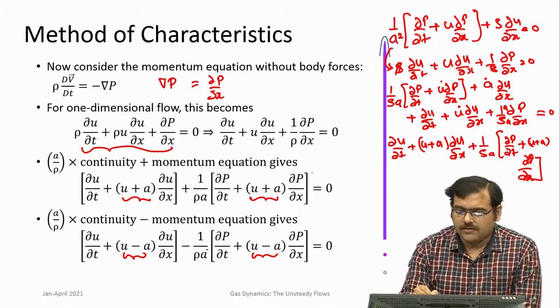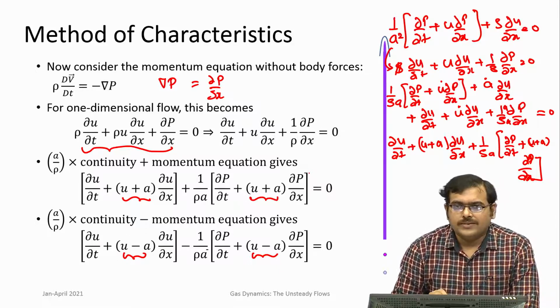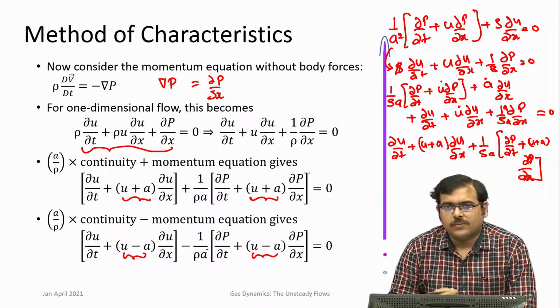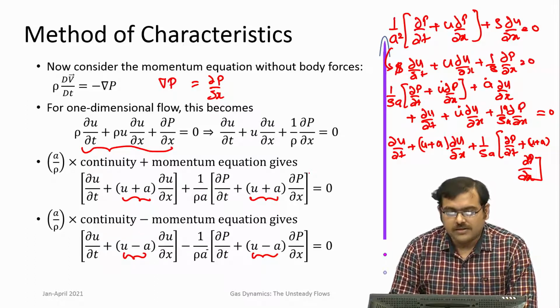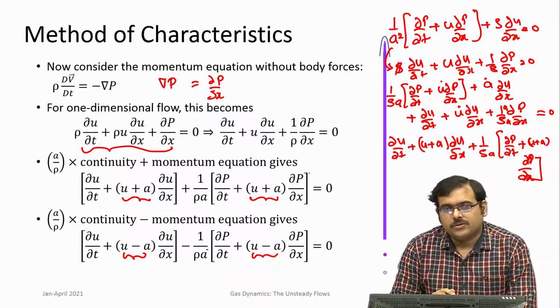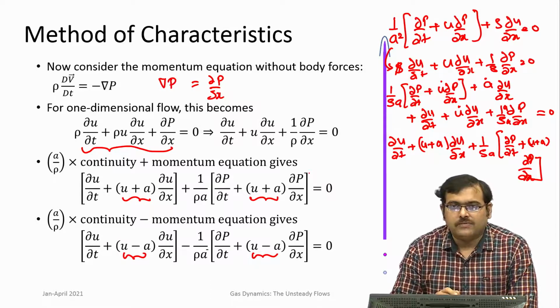These are partial differential equations, so is there some transformation that we can apply so as to convert them to more easily solvable ordinary differential equations? For hyperbolic equations, and these are hyperbolic equations, there is a method to do it, and that is the method of characteristics.